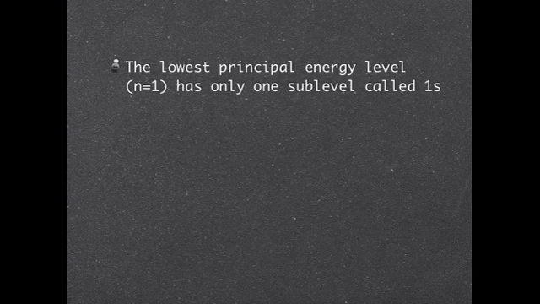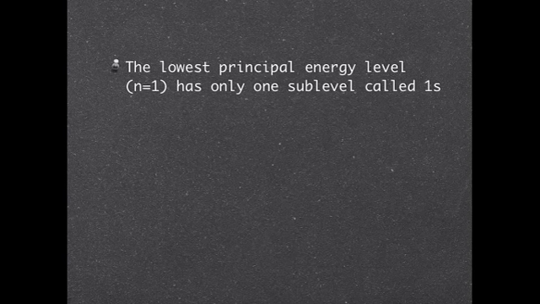I kind of think of it like a hotel. So the principal energy level is like the floor. So the first floor, that's the lowest one, has one sub-level, and I think of sub-levels as being like the rooms. So in the lowest floor, you have one room, one sub-level.